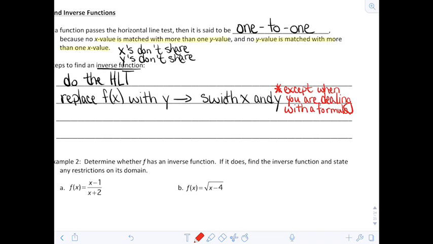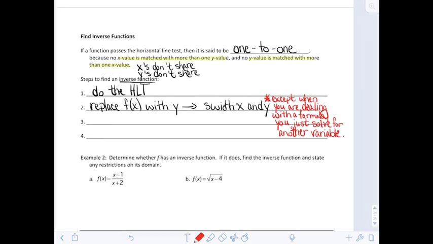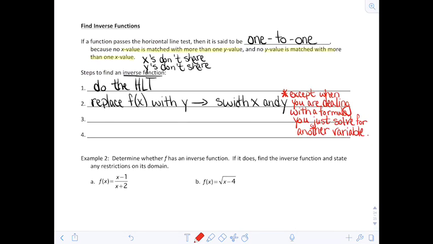You will simply solve for the other variable. So when you're dealing with a formula, you just solve for another variable. If there's only two, you just solve for the other one. If there's more than two, then you would solve for the variable in question that you're asked to solve for. Okay, so that's a little exception when we're finding inverses.